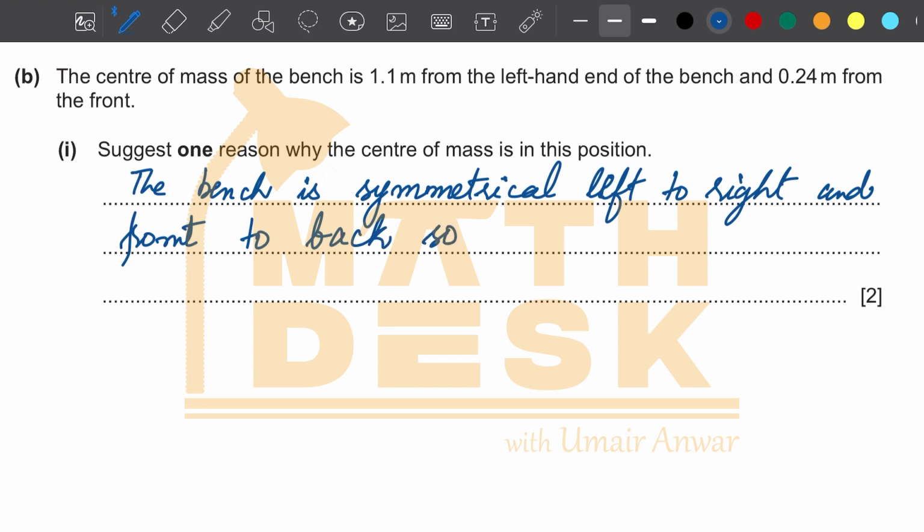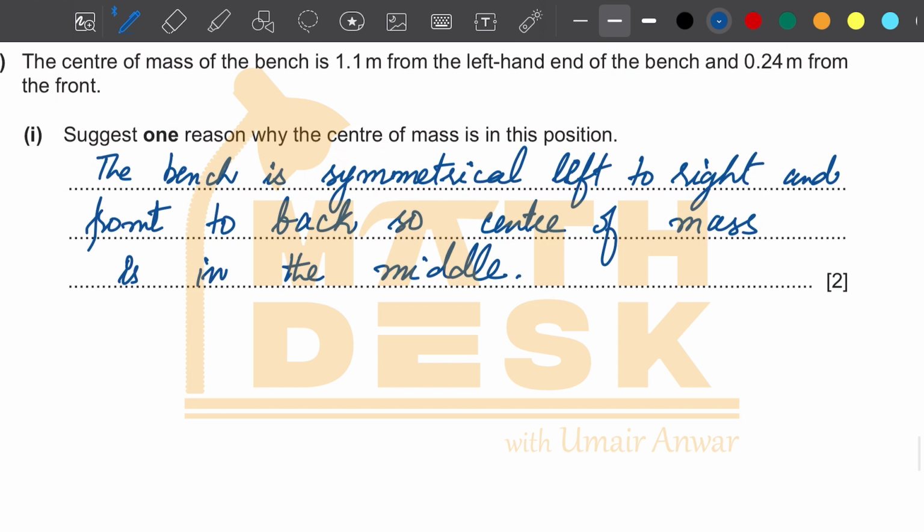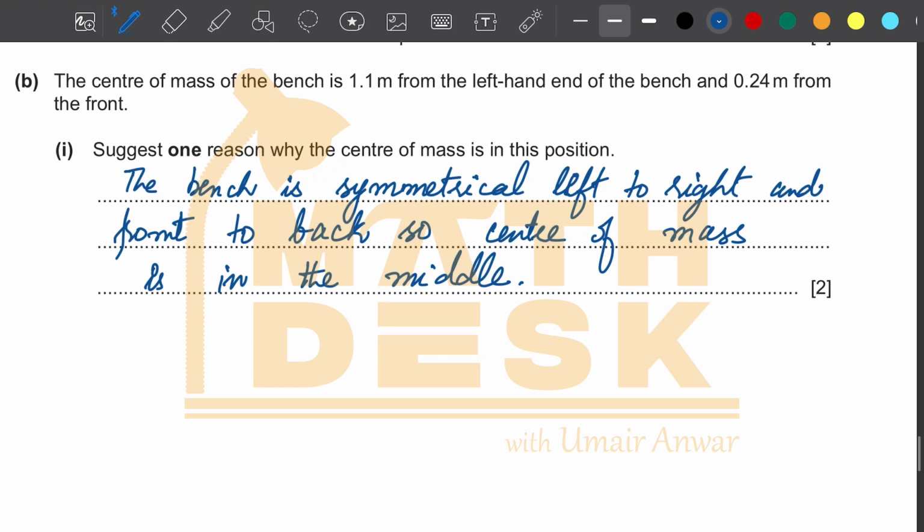So the center of mass is in the middle. As we have seen in the figure, the bench is symmetrical, so it would be at half the distance, or in the middle, lengthwise and widthwise of the bench.